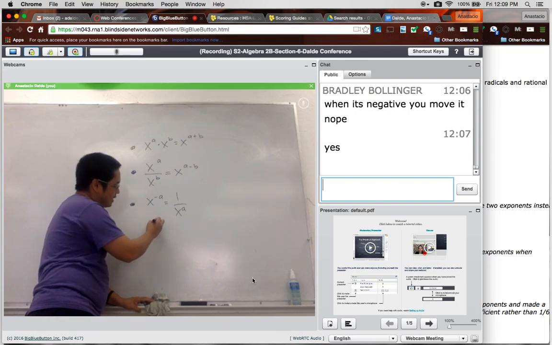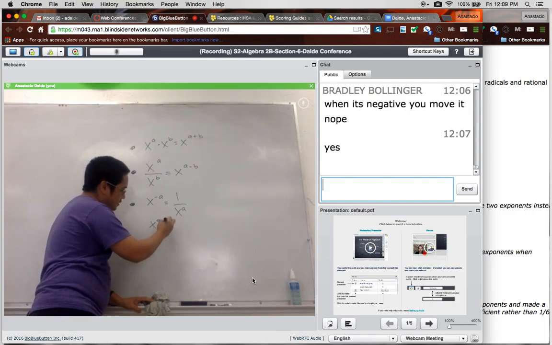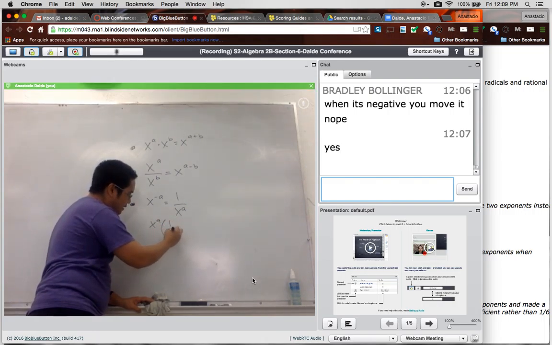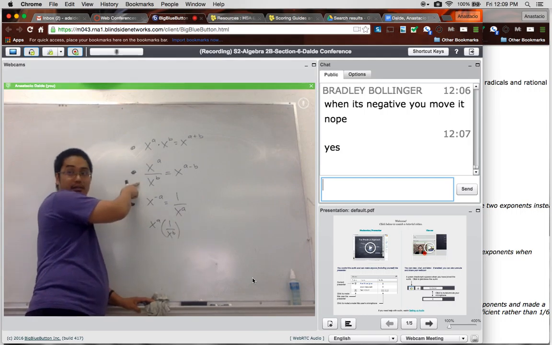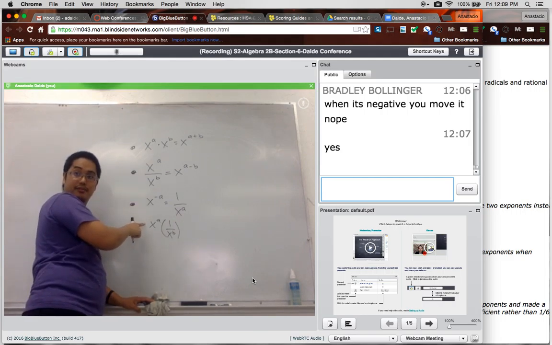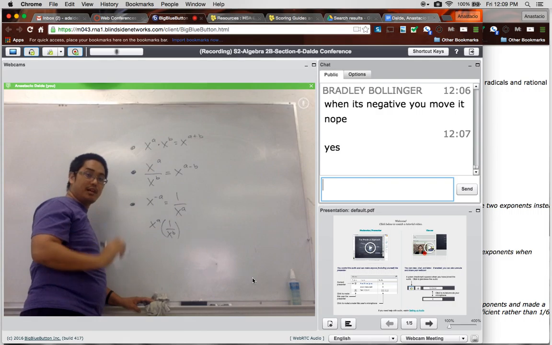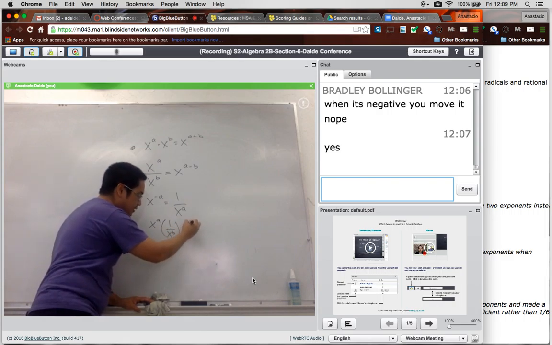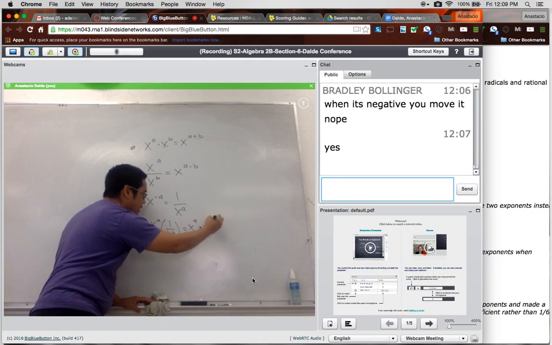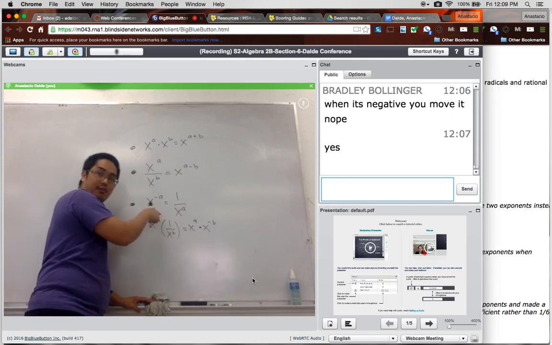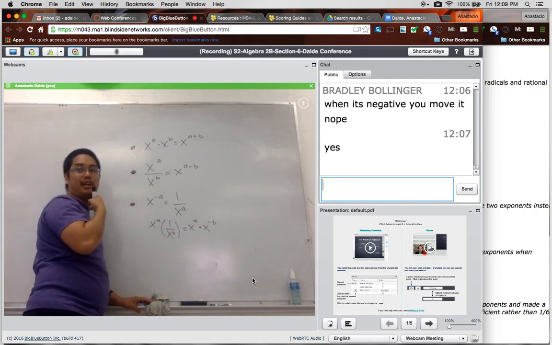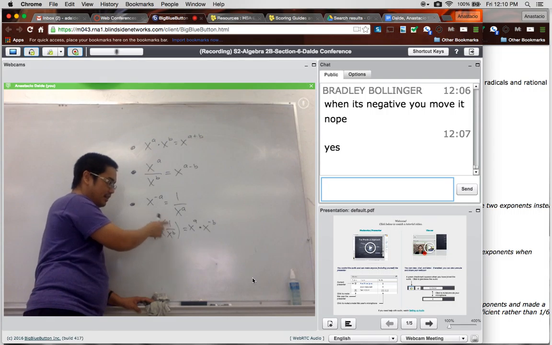If you have x to the a times 1 over x to the b, which is exactly what I have here, then would I be able to say that's equal to x to the a times x to the negative b? Because I took that x and brought it upstairs, but I made it a negative exponent. Are we cool with that? I reciprocated it. I didn't want it downstairs, I wanted it upstairs.